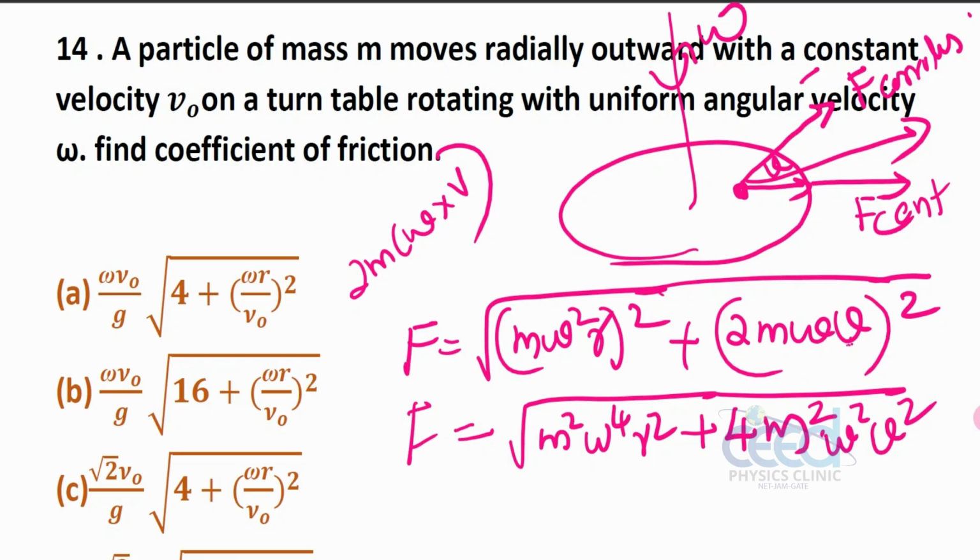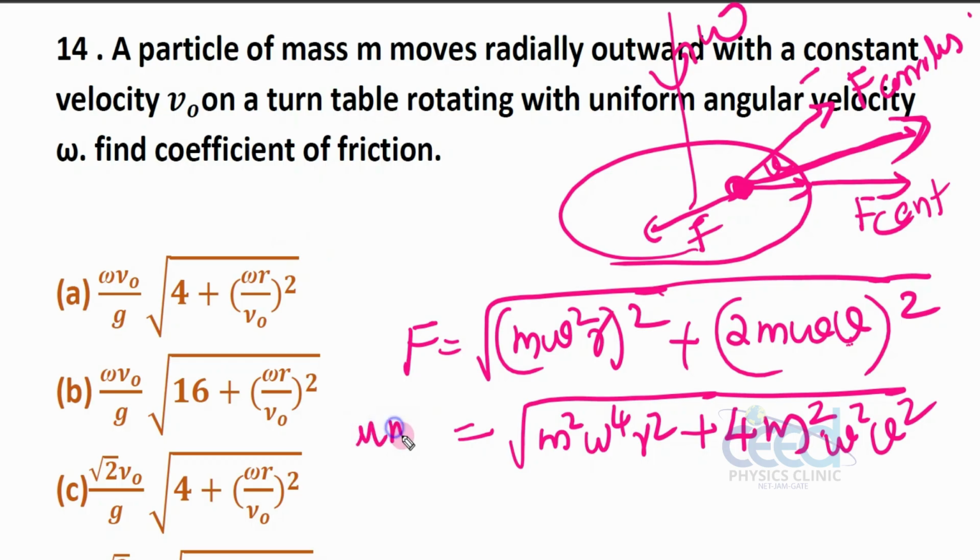Now you can take F is equal to what? See, this ball is going with a constant velocity, which means there is no net force acting on it. That means the force is acting, but an opposite frictional force is there on the surface. Then what is the frictional force? Mu mg, right? So I am replacing F with mu mg.